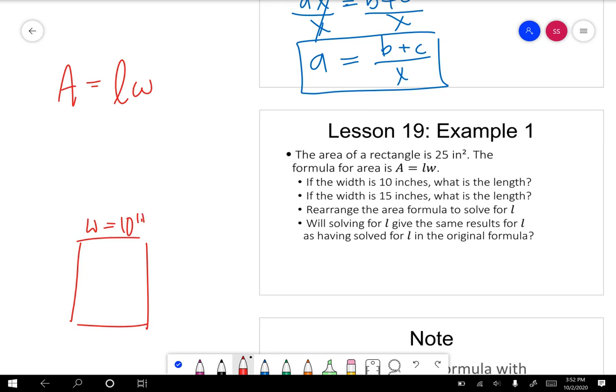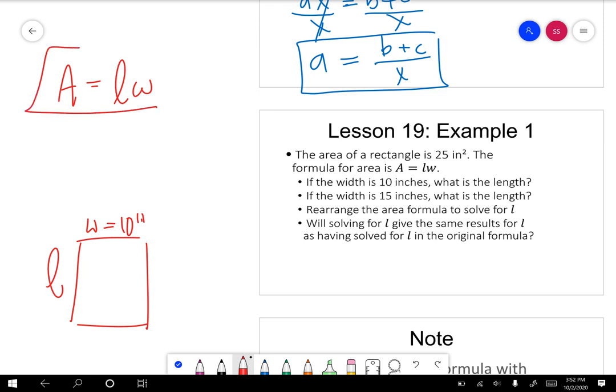That's what we're solving for. Sorry, I totally was reading that incorrectly, even though I just typed this out like a minute ago. It's fine. Okay. So we have a width of 10 inches. We don't know the length, but we do know the area.